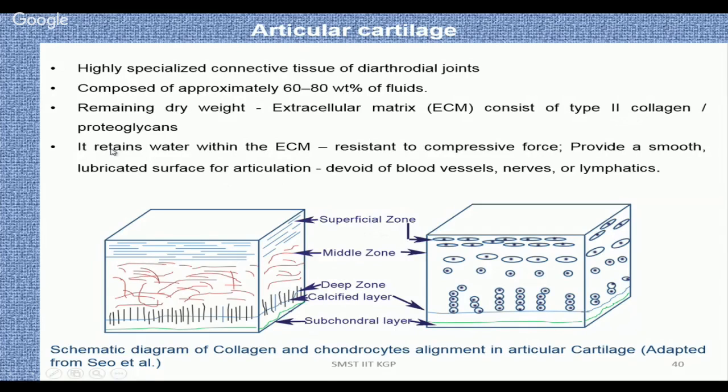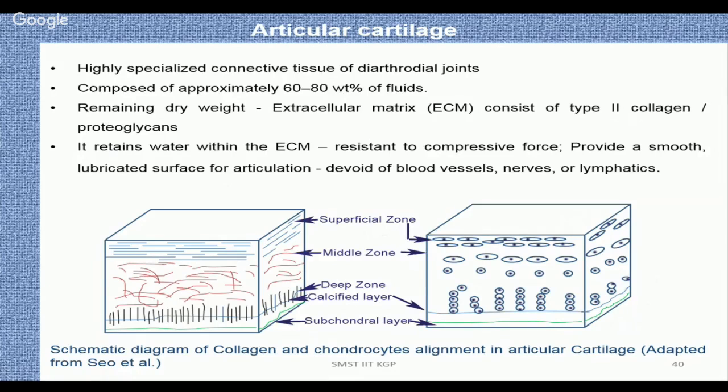These proteoglycans are in a hydrated condition and act like a shock absorber, and as they are confined between the protein and the collagen layers, these collagens are hydrophobic in nature. So that is why the water remains with the GAGs and it acts like a shock absorber.